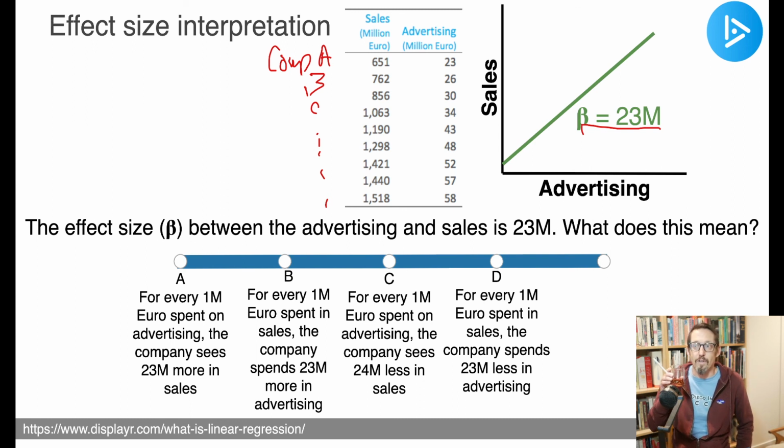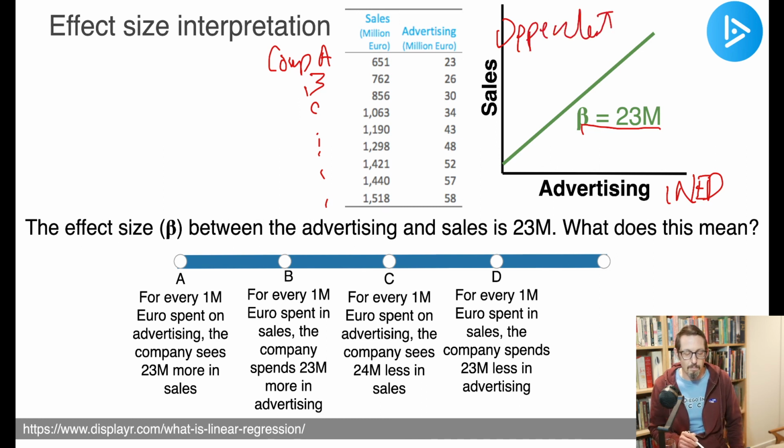So what's the X variable? It's advertising, right? What's the Y variable? Sales. Okay, so each increase in advertising dollar leads to an increase in sales. This is the independent variable, and this is the dependent variable, which is dependent on the value of the independent variable.